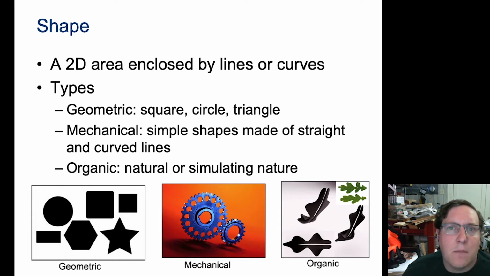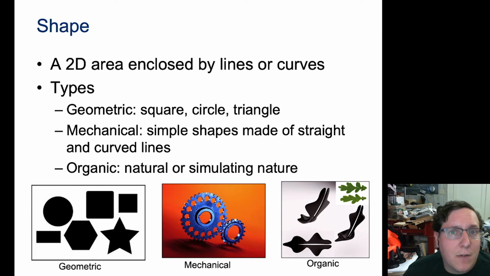But as we add more to it, as we repeat the shapes, as we rotate them around, or we have them traveling in a consistent pattern, that's where we get into mechanical concepts. They take those simple shapes and start getting some complexity out of them. Now, the most complex shapes generally are going to be the organic ones.